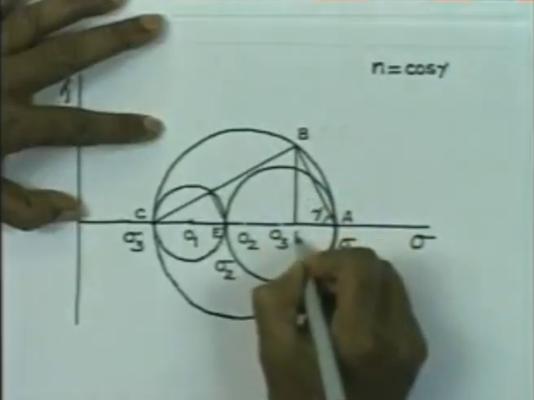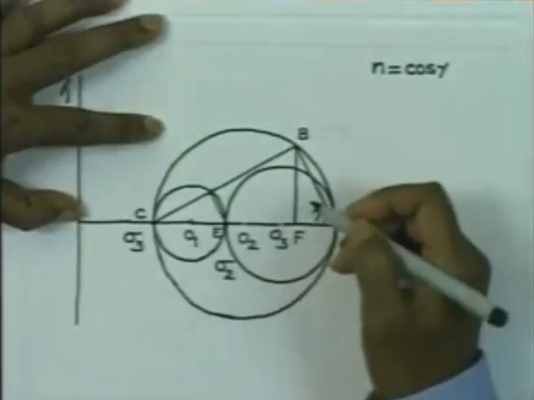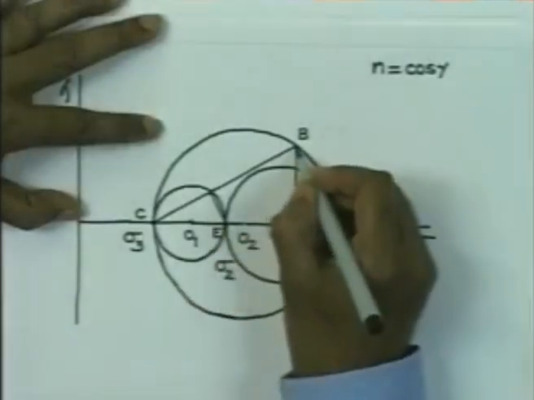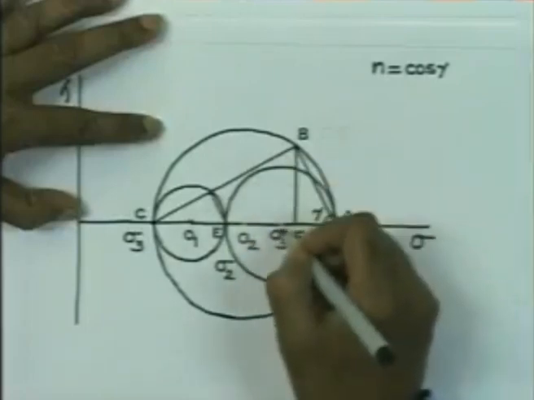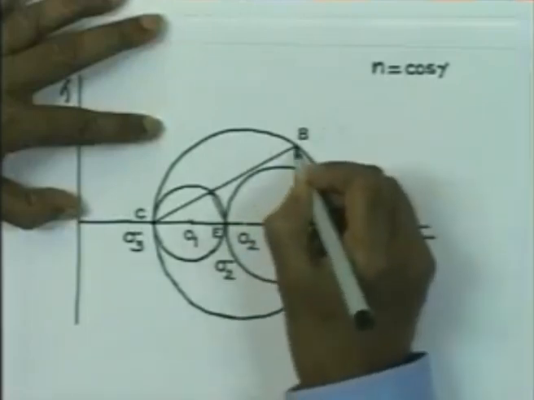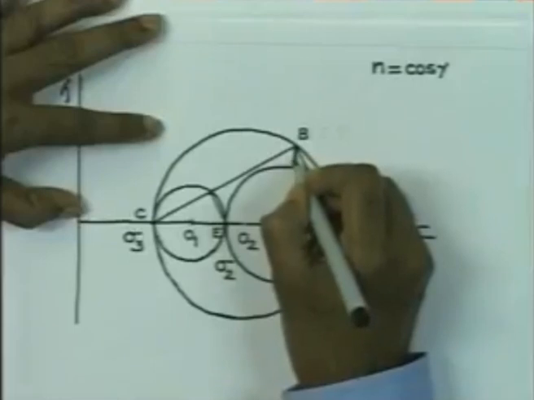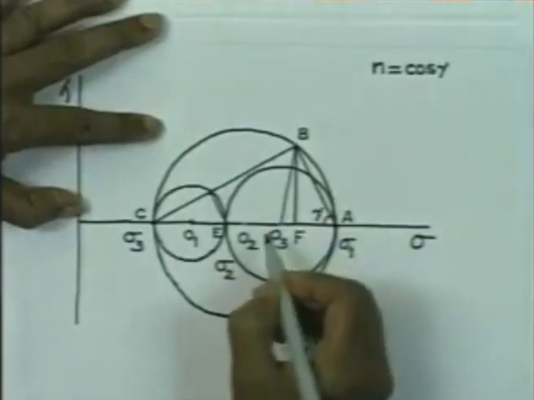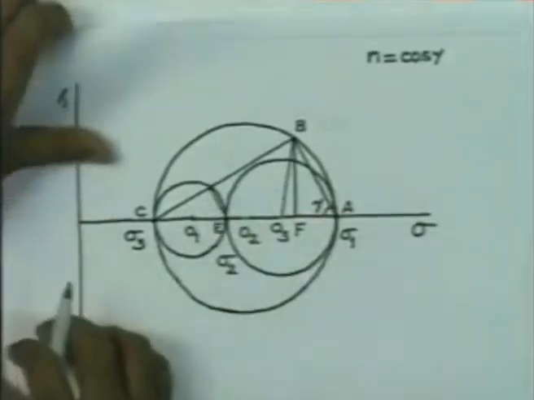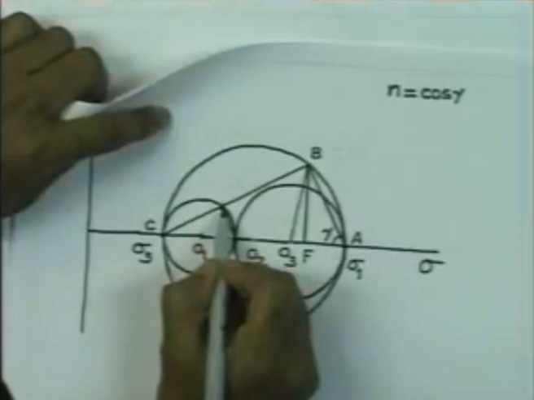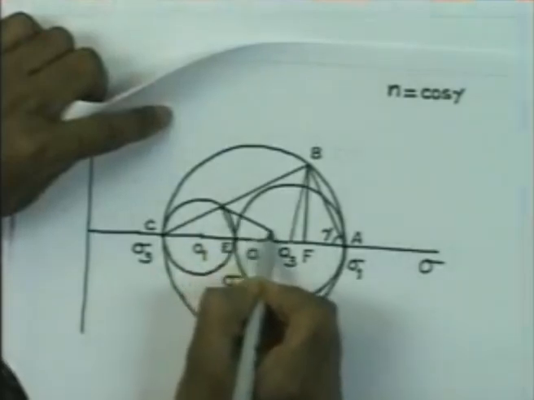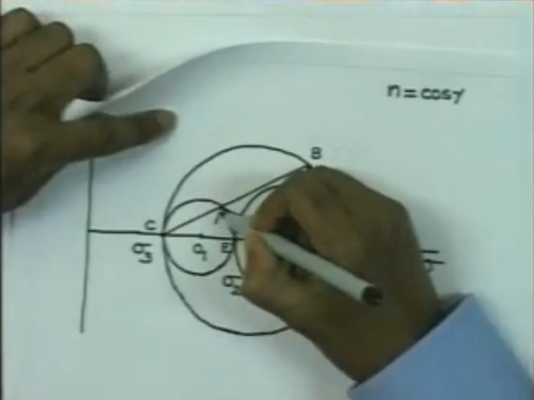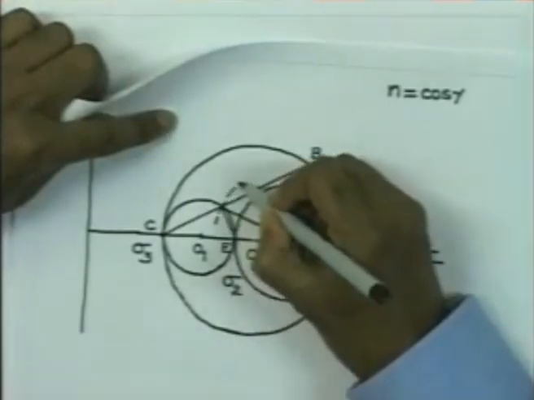So this is F, and if I consider this O3B, we join this O3B, and we also join these 2 points, and now we draw an arc with this as the radius.